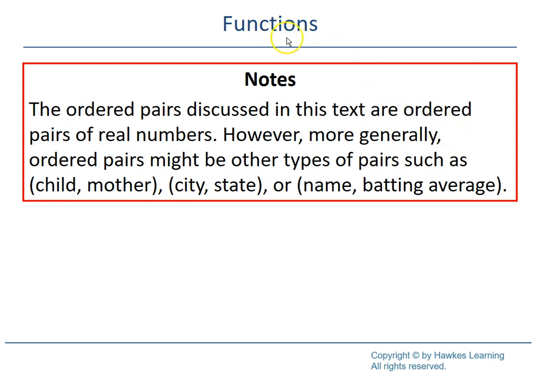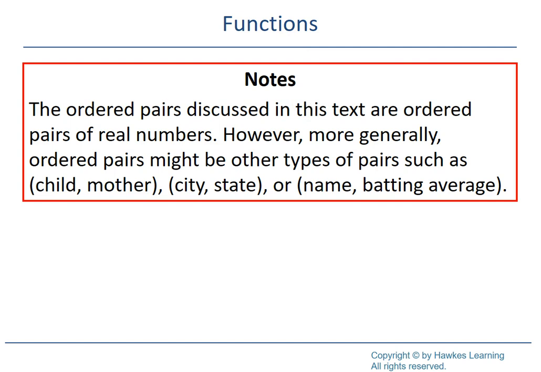And what is a function? And I'm going to use the text a lot here. The ordered pair discussed in the text, that is the x and y, are a good example of what we call a relation.